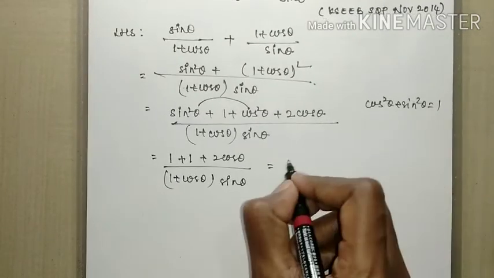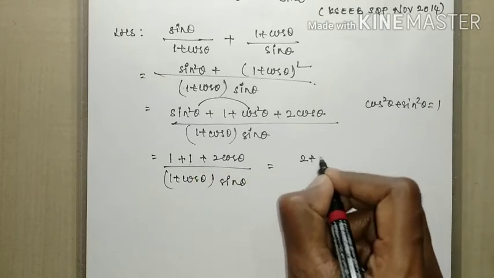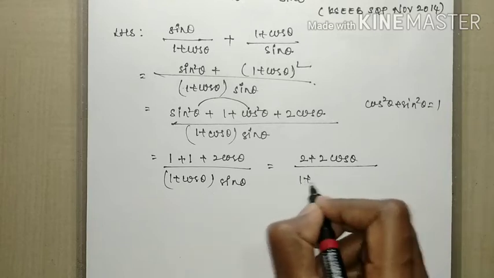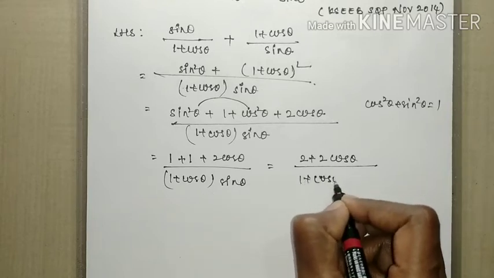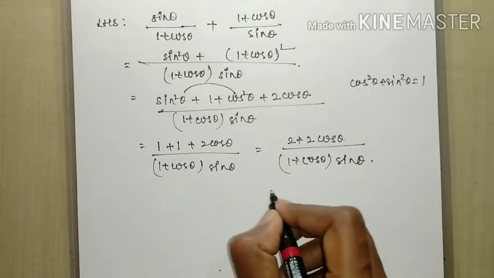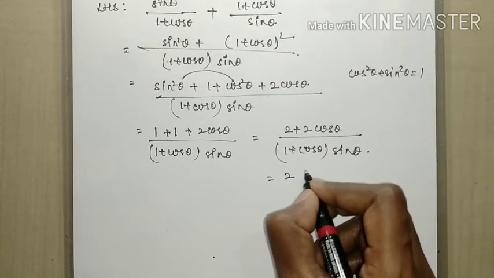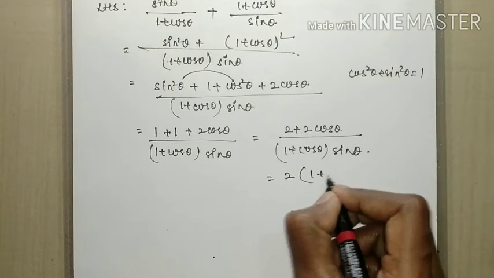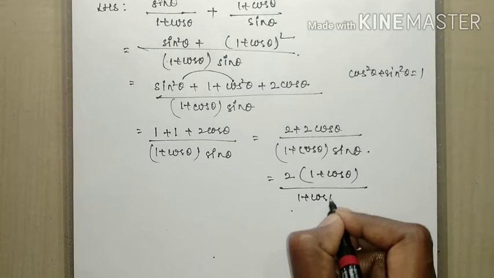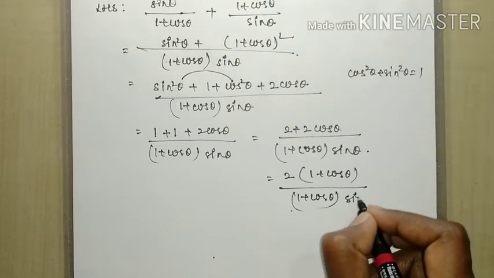Now this becomes 1 plus 1 is 2, plus 2 cos theta, and the denominator 1 plus cos theta into sin theta. So now you can take 2 as the common factor: 2 into 1 plus cos theta, by 1 plus cos theta into sin theta.